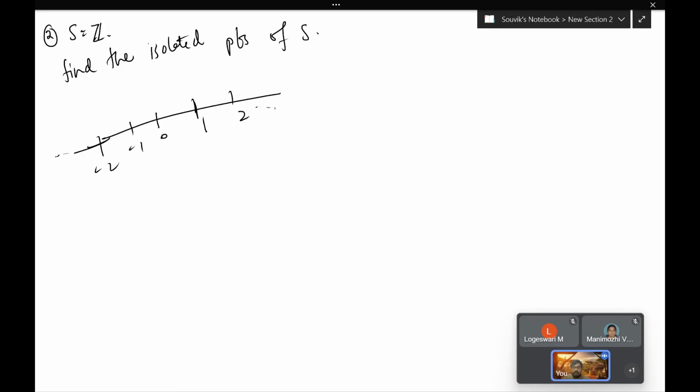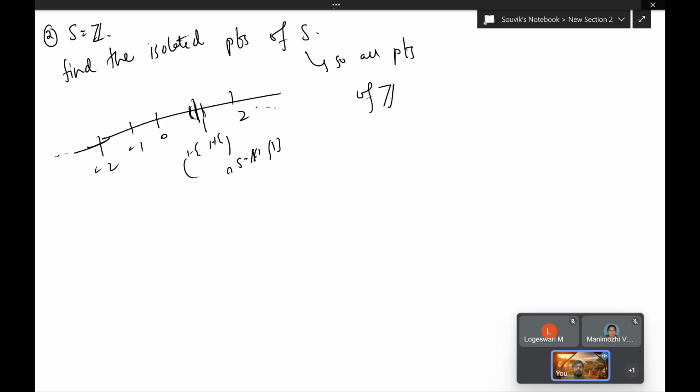If we choose any point, say 1, and a very small epsilon neighborhood around 1, then this neighborhood intersects Z only in the singleton point. So all points of Z are isolated.